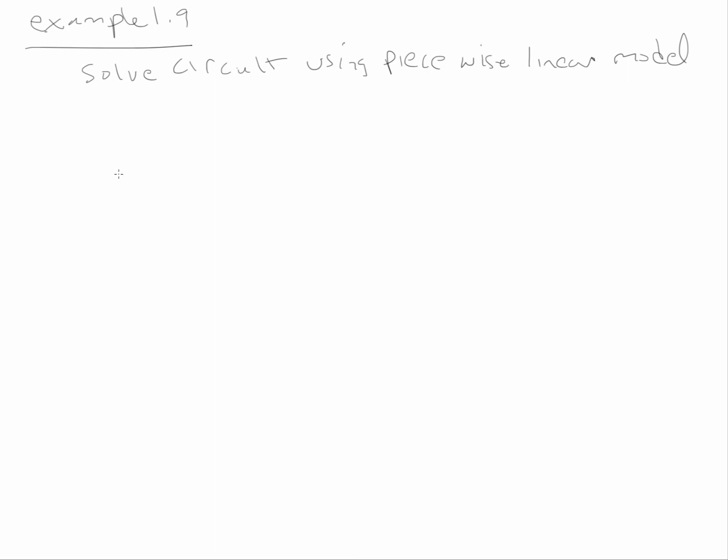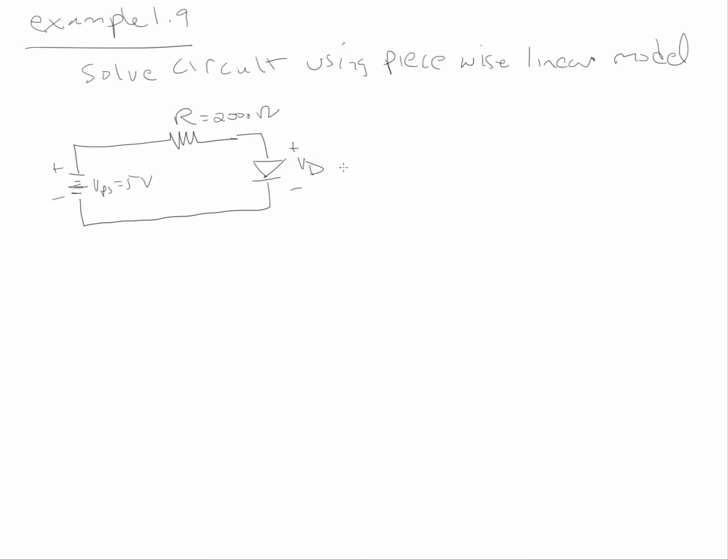It's this circuit that we already did. This is plus, minus, this is V power supply, which is equal to 5 volts. We have our resistor, R, which was equal to 2,000 ohms. And then we have our diode, plus, minus, VD.